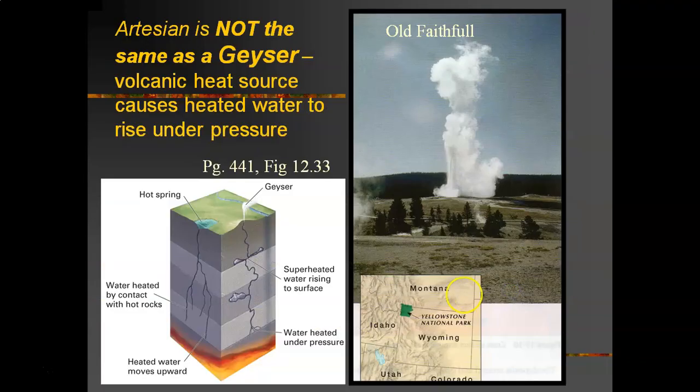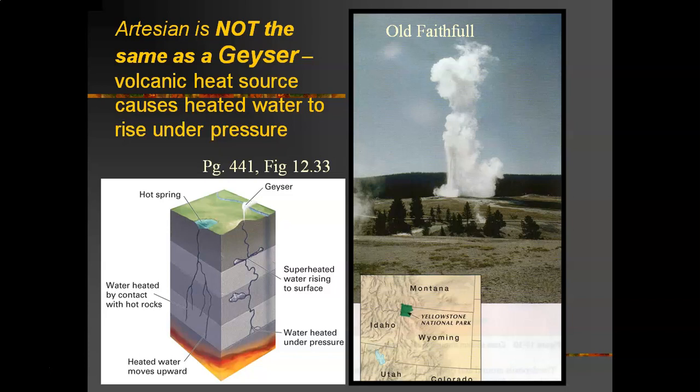I do want to finish up by making sure you understand the difference between an artesian spring and a geyser. Now, a geyser, like Old Faithful, is water flowing forth without pumping, but it's hot water and steam. And so the mechanism of getting the water to flow spontaneously to the surface is totally different.